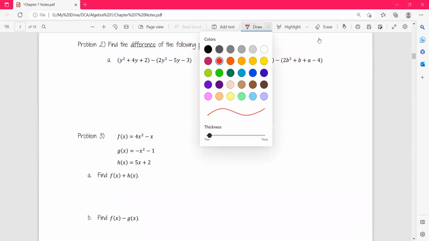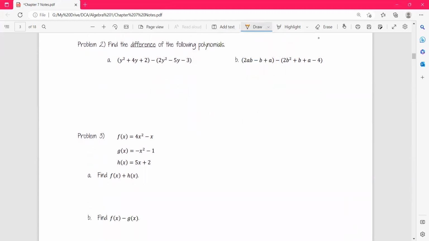This is when we are subtracting. So this is where we have to remember to distribute the negative. Notice when we write this without the parentheses, this one stays the same. And now we have to distribute that negative to everything inside this parenthesis. It's going to be negative 2y squared plus 5y plus 3. Opposite signs.